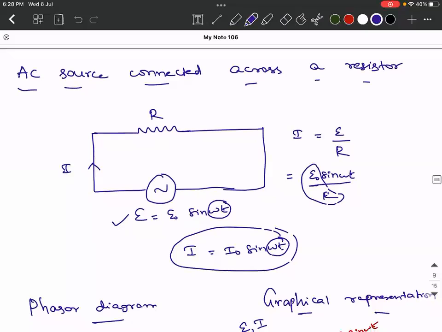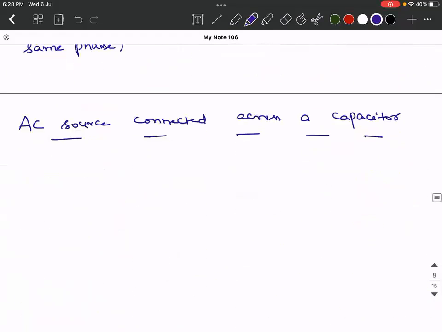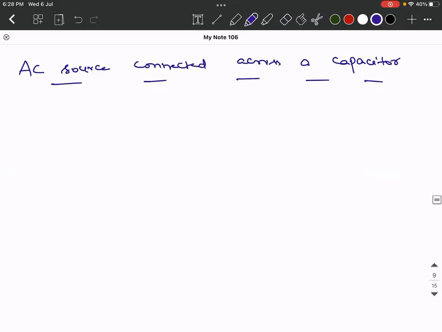No, no, no. It is not LR. It is only a resistive circuit. This is called as a purely resistive circuit. LR means inductor and resistor.